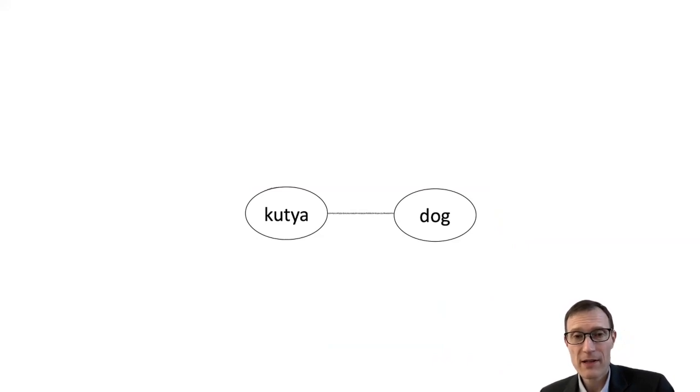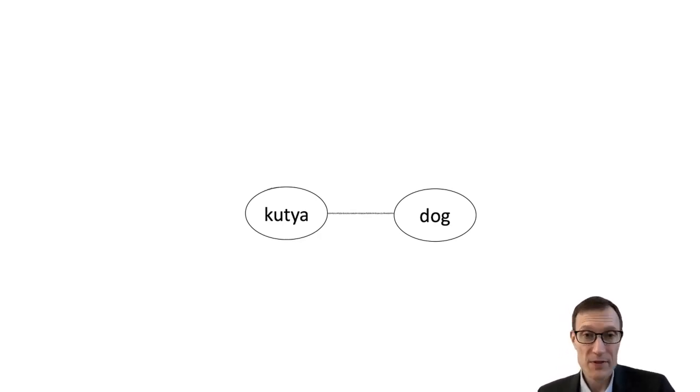You may have tried to learn words using flashcards like this, where you have the word you want to learn on one side, and the English word, or the word in your language, on the other side.